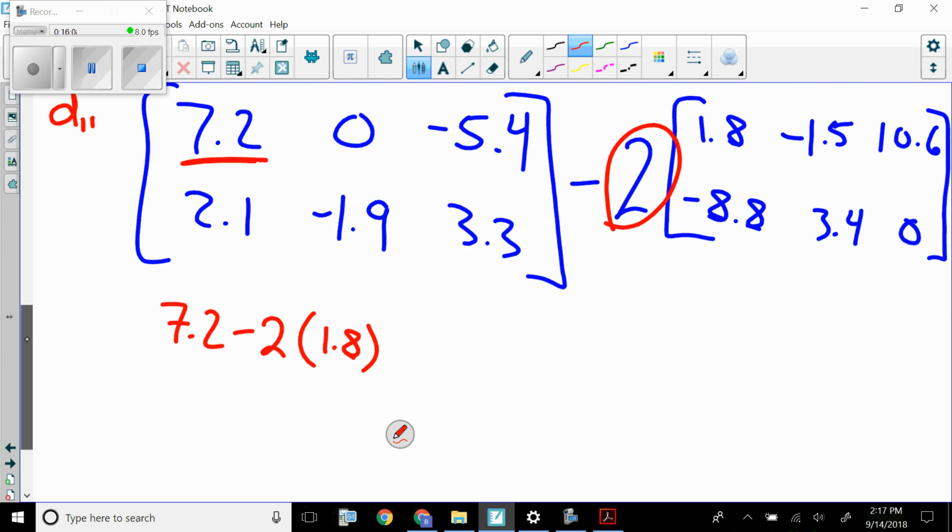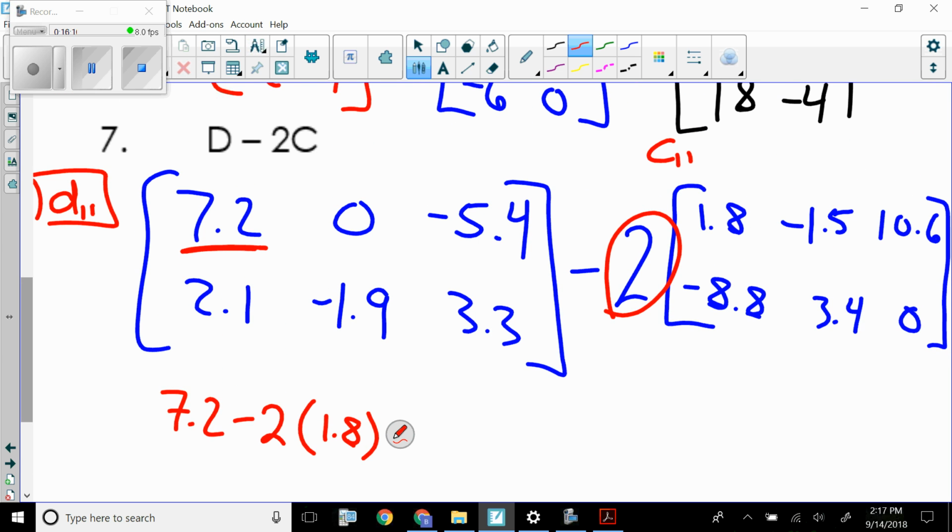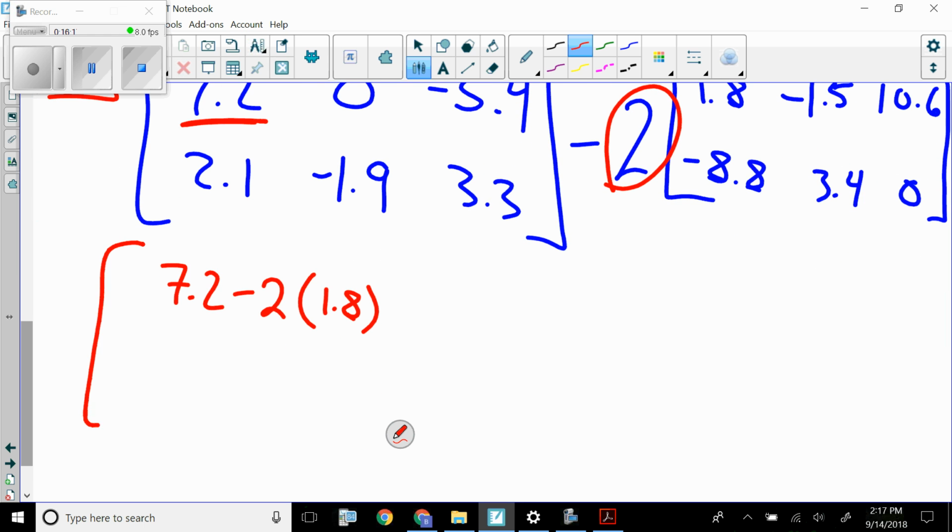Well, where would that go? Well, it was D sub 1,1 and C sub 1,1, so that must be the first row, first column of my new matrix.